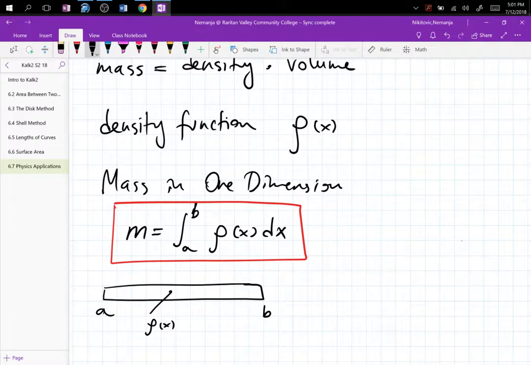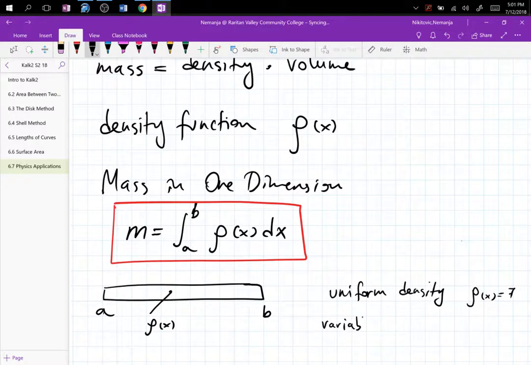But if it's a variable density, then we are going to have some kind of a function, for example rho of x equals 1 minus x squared, or whatever. So we can have either uniform density or variable density. What we do with these is we put them in the integral, and then we compute the integral.